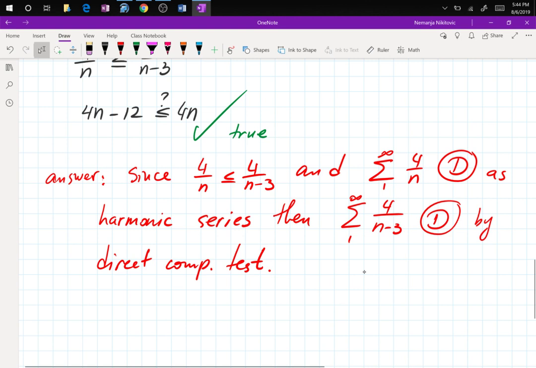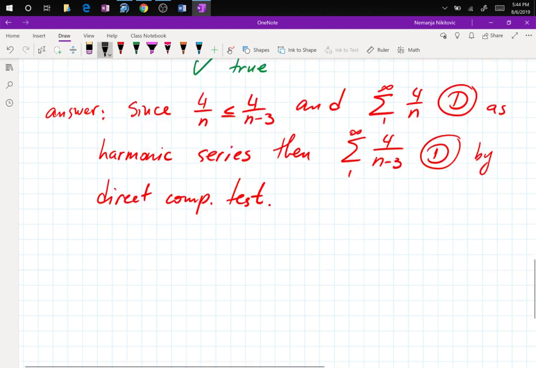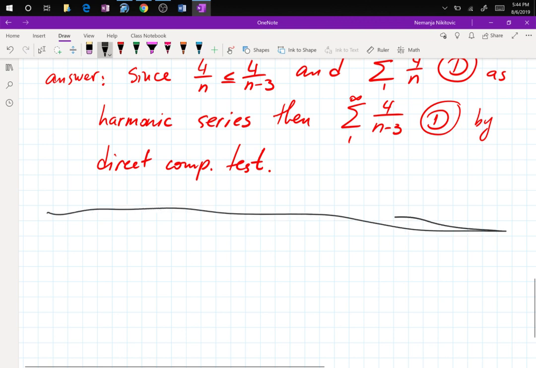So they go to the limit comparison test, and the limit comparison test asks you to take the limit of the quotient of the two A and B sequences. So let's take a look at the one that it's used most of the time.